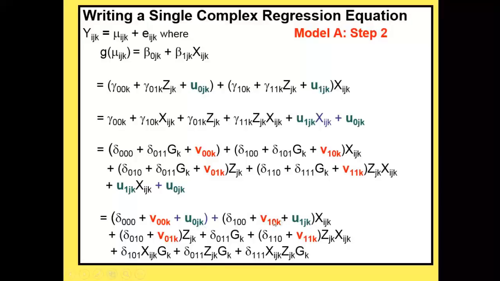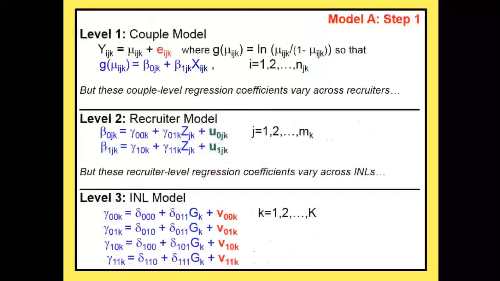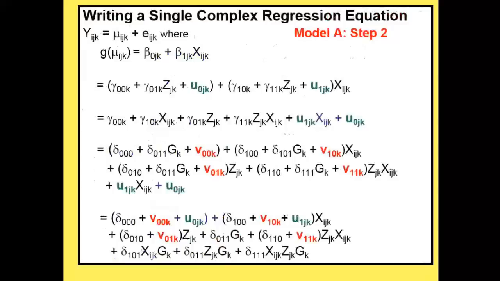And there's 2 random slopes here for X. There's a random slope for Z, and there's a random slope for the ZX, but there aren't any other random factors in here. So that's the model you wind up with when you start out this way. It's got everything in there that was in there when you start putting things together.